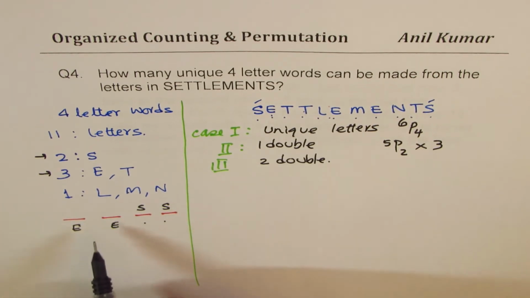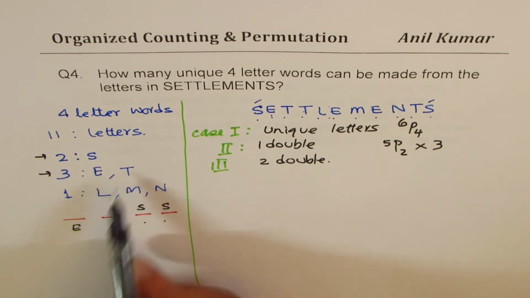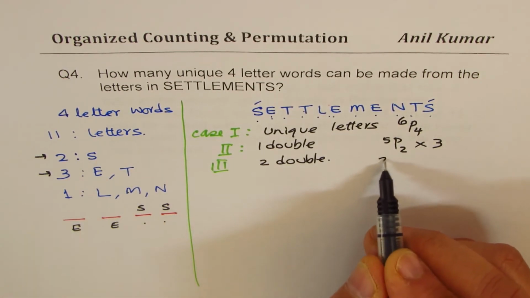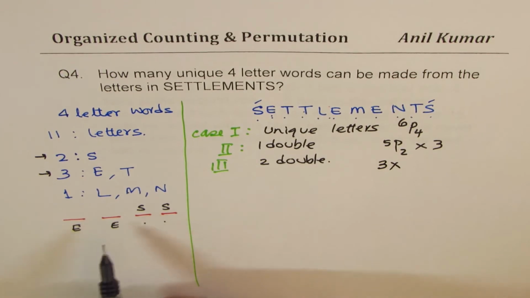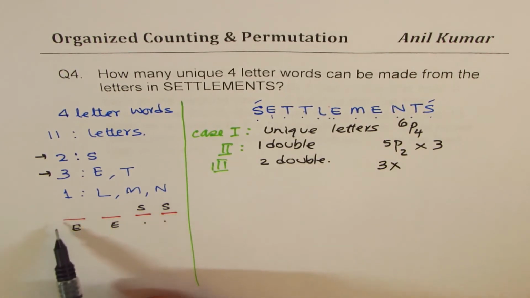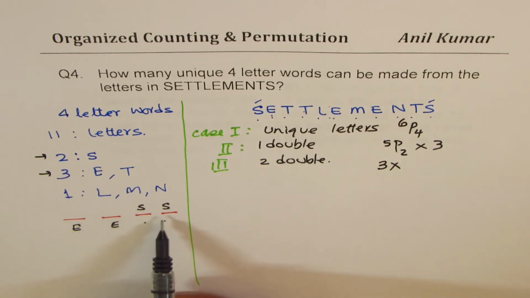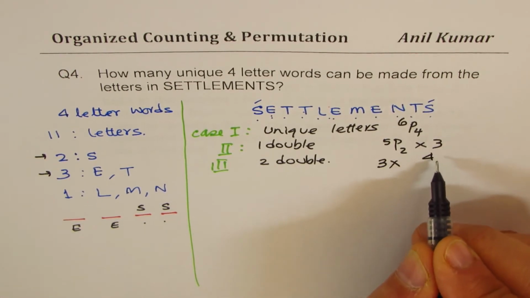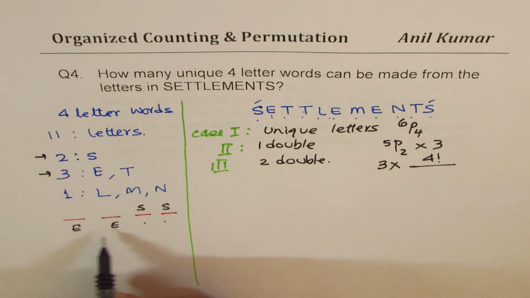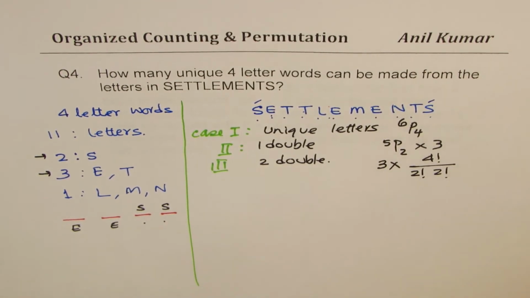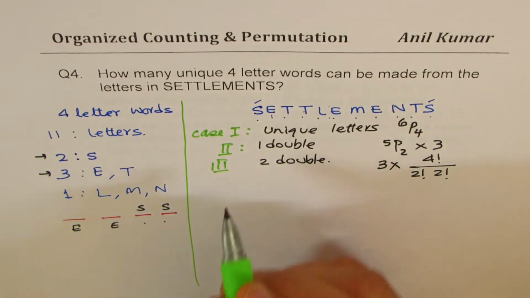Correct combination with 2 E's, 2 T's. We could have 2 T's, 2 S's. So 3 times. So 3 times what? How many can you make with these 4 letters? That is what you're trying to see, right? So you're selecting 4 places, which is 4 factorial, and 2 are double, so divide by 2 factorial times 2 factorial. Do you get it? So that is how you could do it.